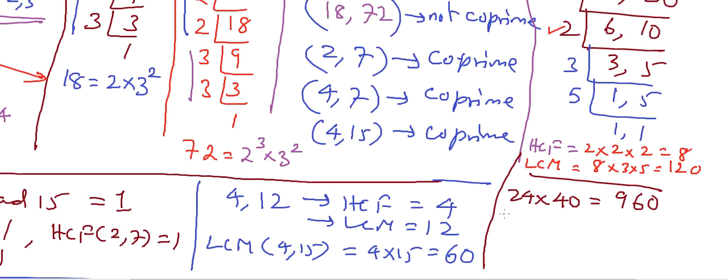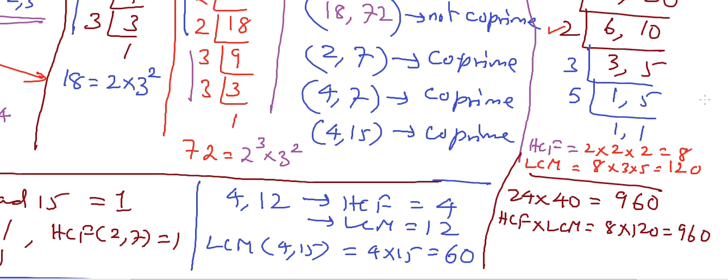Now multiply the HCF and LCM: 8 into 120. So you get 960. See, same. This is true for any two numbers: the product of the numbers is equal to the product of their HCF and LCM.